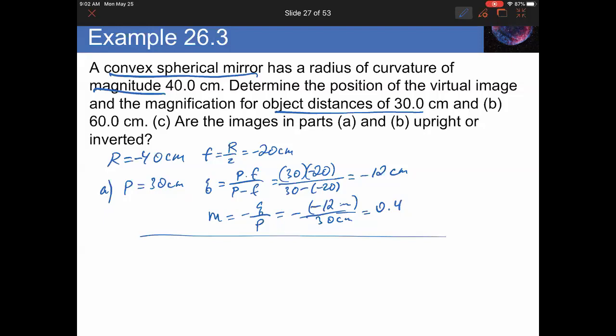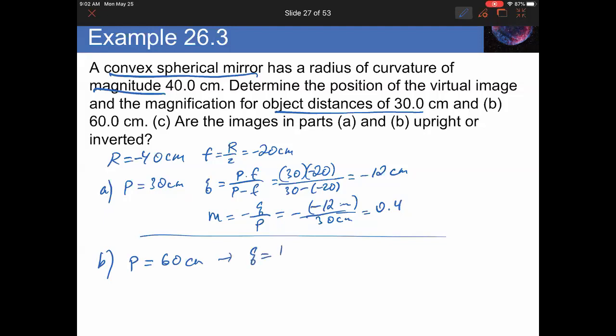All right. Part B is we take P to be 60 centimeters. From here, again, I can use the same equation.